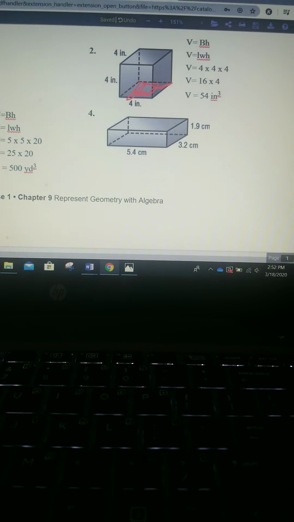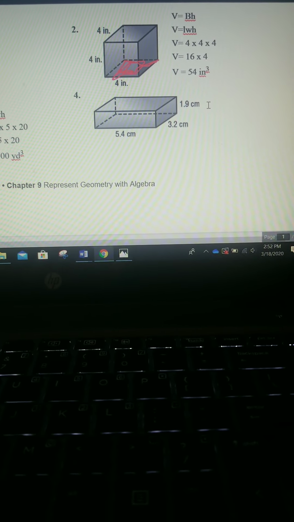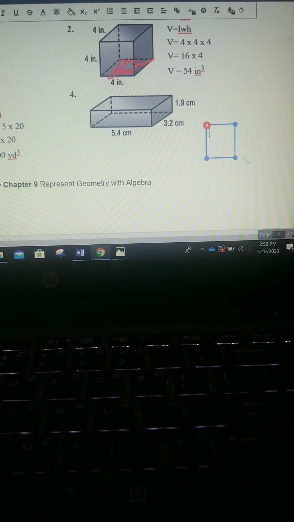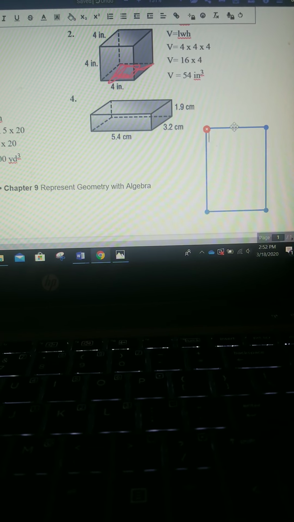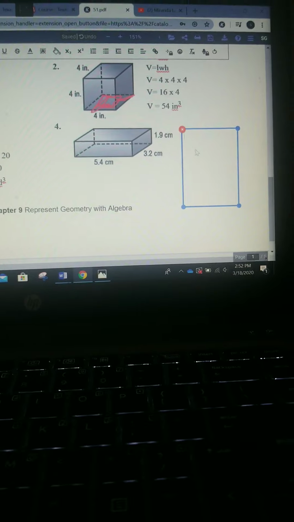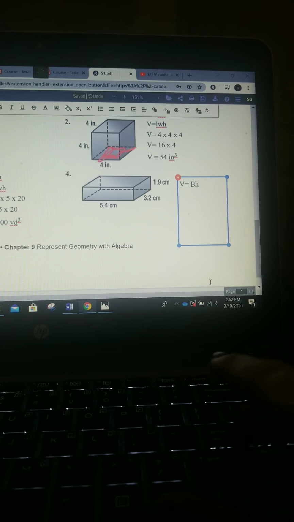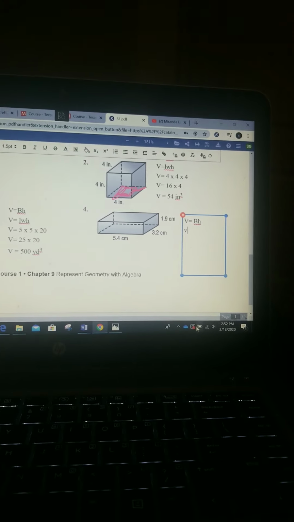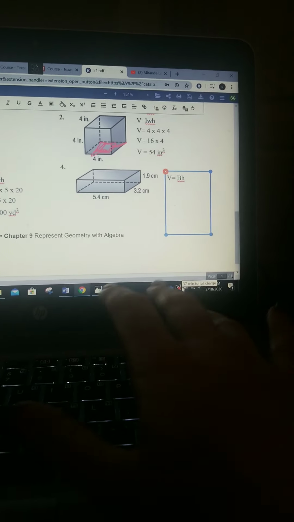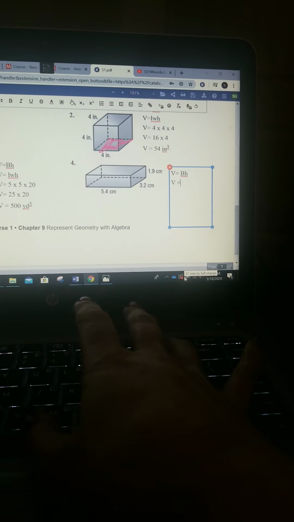One last example. This one has to do with decimals, which makes our life a little bit harder. The volume is area of the base times the height, or volume is length times width times height.